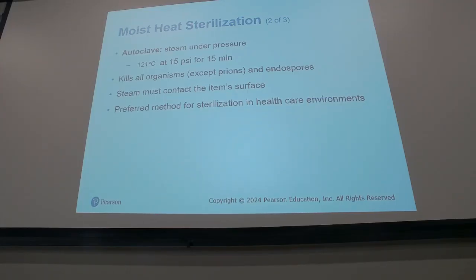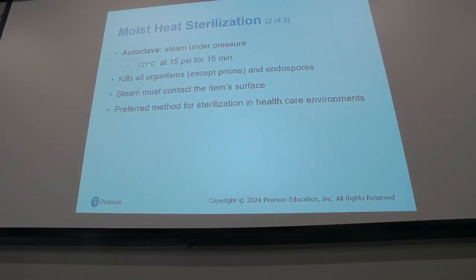And you have steam produced by this boiling of the water, and then you will close the chamber, and the water, as it's forming vapor, is going to accumulate this steam, this vapor, and then you will increase the pressure. The minimum pressure is going to be 15 pounds per square inch, and then you will use a minimum time of 15 minutes.